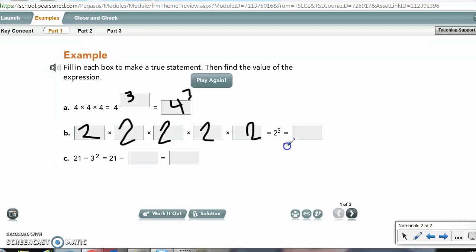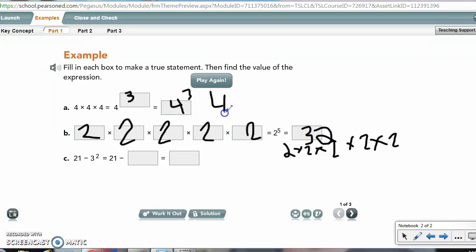Well, 2 times 2 is 4. 4 times 2 is 8. 8 times 2 is 16. 16 times 2 is 32. So I can put 32 in this box.